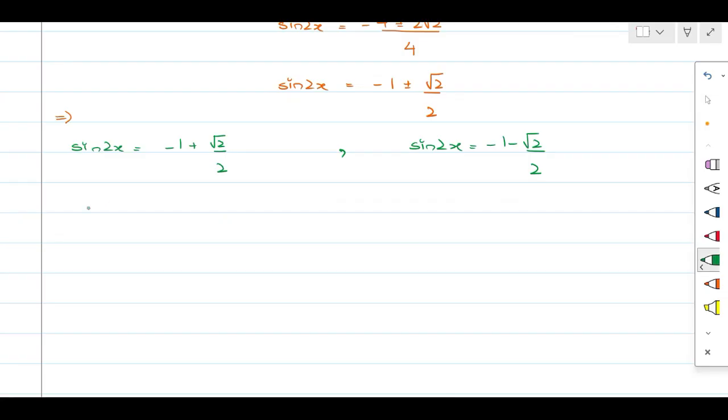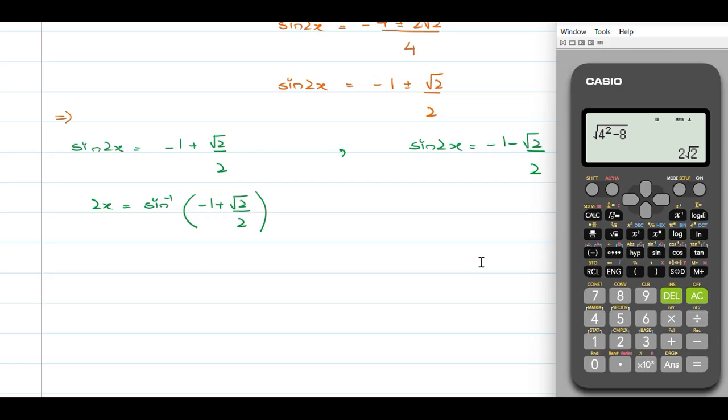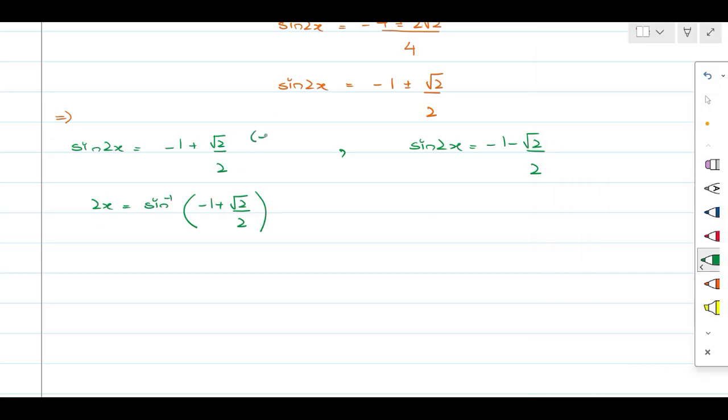Now let me solve for 2x. 2x is sine inverse of minus 1 plus square root of 2 by 2. This is negative of something, so this tells us that sine is negative.